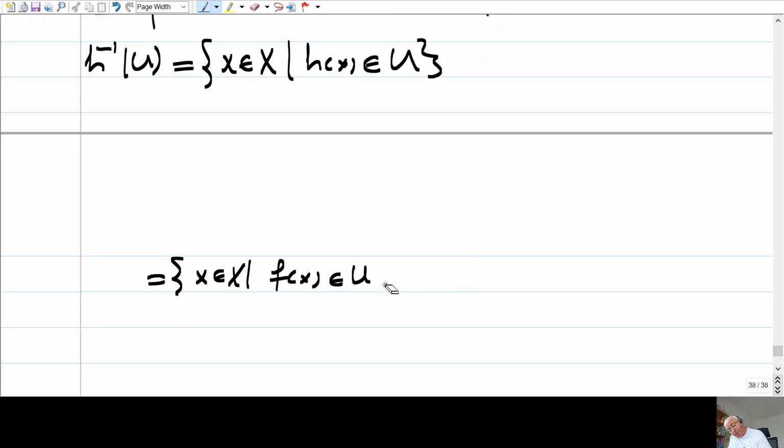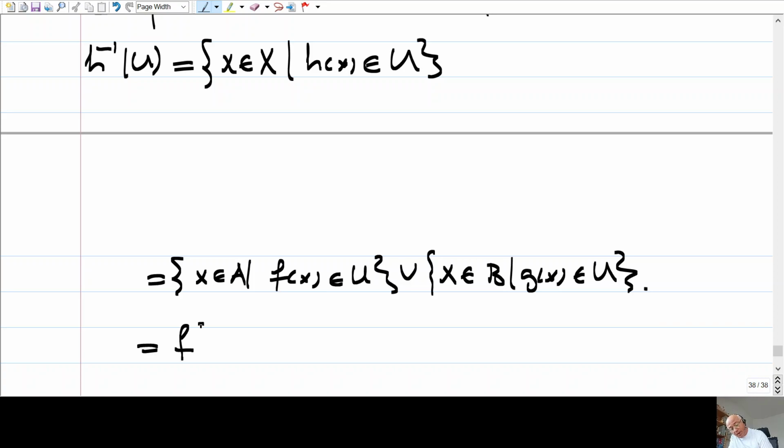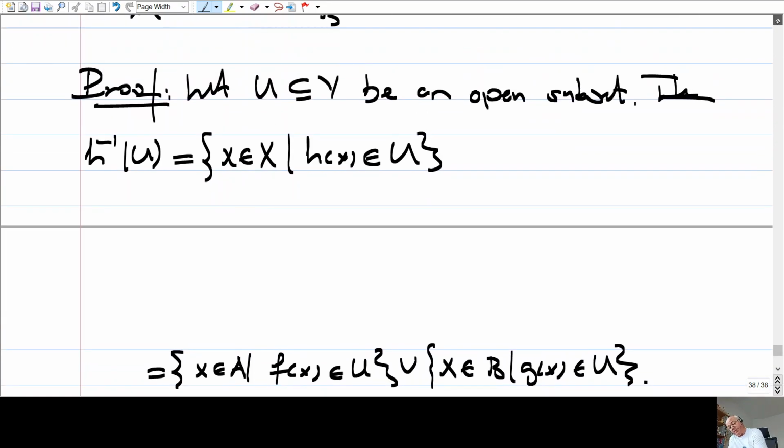But actually I can write it this way. If x is in B, then h is equal to g, so g of x is in U. So what is this then? This is nothing but f inverse of, burada open set almayayım.